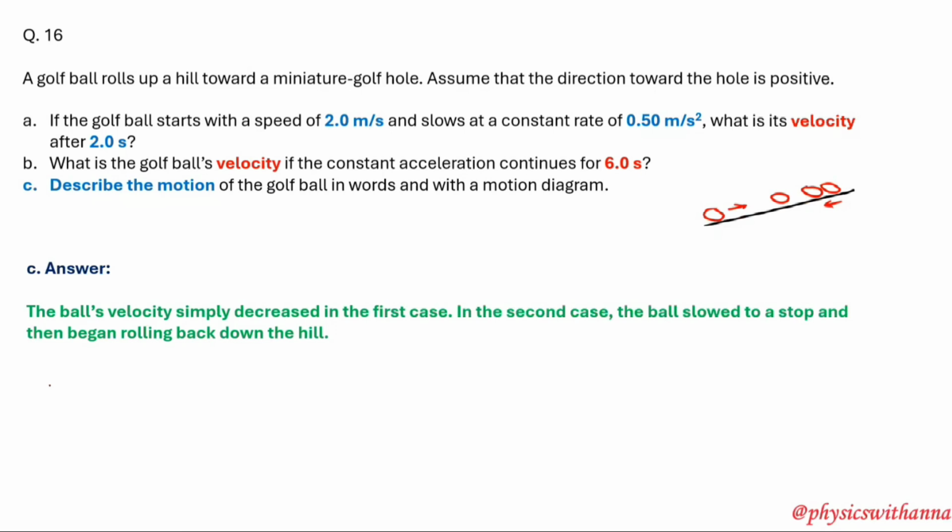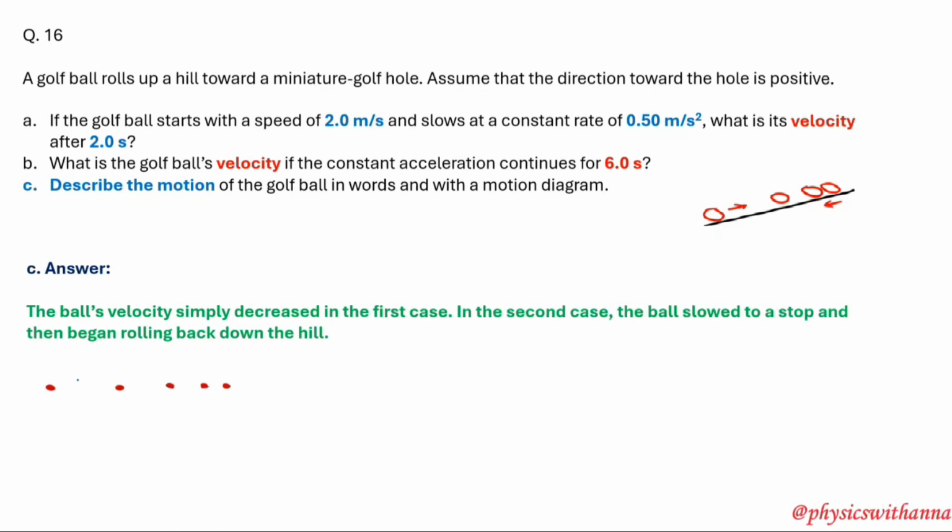So I draw the first dot, the second dot a bit far from the first, the third will be closer to the second. We are slowing down, so the consecutive dots will come closer and closer to each other. This is the particle model diagram or motion diagram for an object which is slowing down.